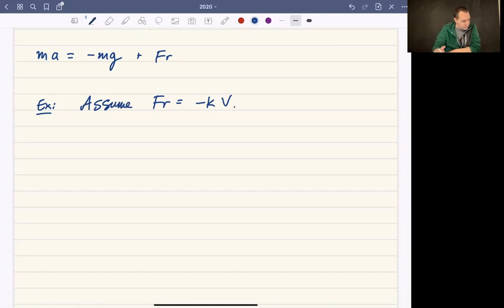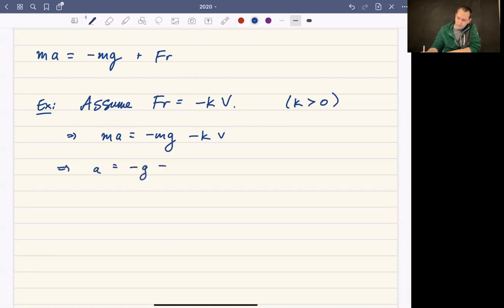Before we plug in any numbers, I want to develop what formula we're going to get here. We're going to end up with ma is minus mg minus kv. K, by the way, is a positive constant. So this tells us that a is going to be minus g minus k over m v.